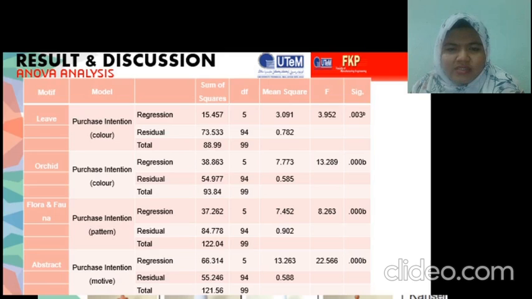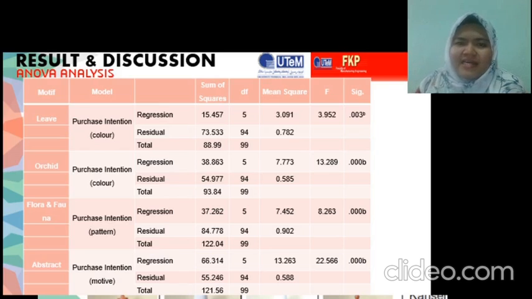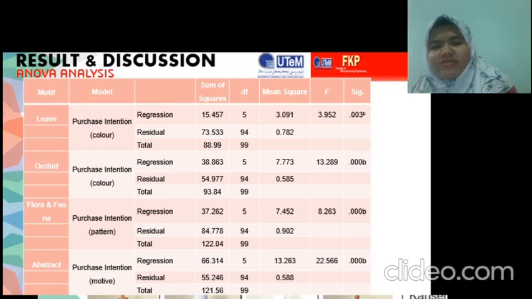So as we can see that for purchase intentions of color, whereby F is 3.952 with the significance 0.003, it indicates that the result of the regression model could occur by chance.